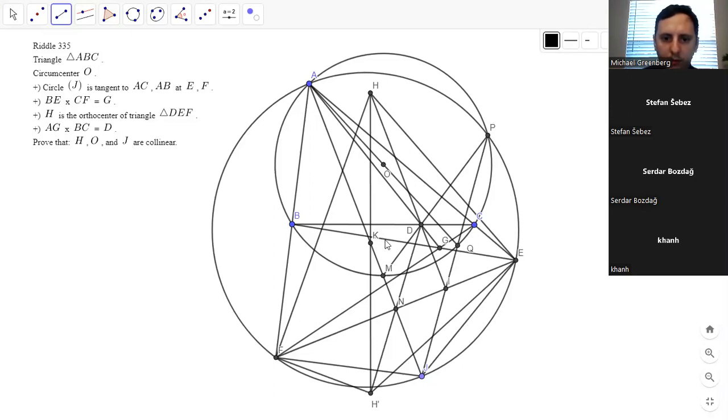So what did you guys call point K? K is the circumcenter of HFH prime E, or K is the circumcenter of HFE. And we know it has to lie on this, AJ.